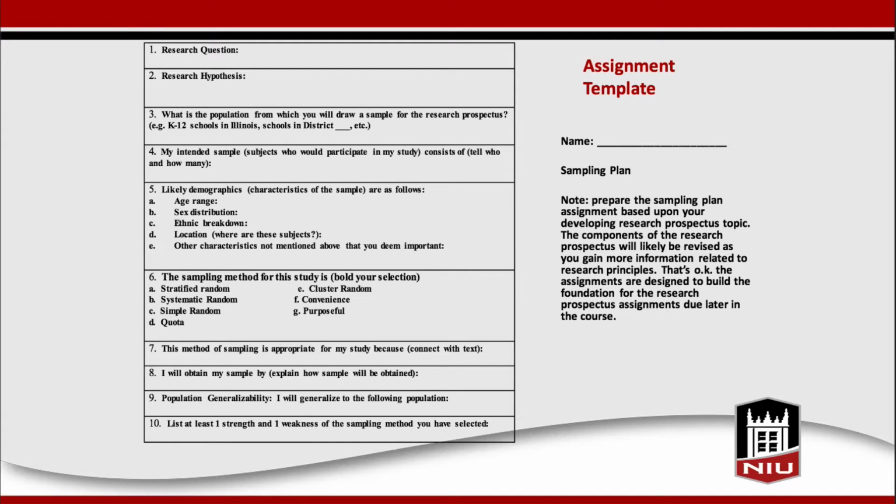What's your research question? What's the hypothesis? What's the population? So it helps them to focus on what's the sample. So then when they're reading and they're working on their assignments, they are looking at all these different key aspects of research, and it's clear to them.